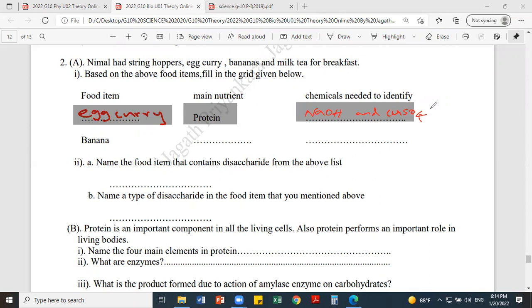The next one. Banana. What is the main nutrient present in banana? Any volunteers? Ripened banana. After eating the breakfast, you take the dessert banana. Okay, Satsarani, Bhatika, Sandusha. Vitamin E. Glucose.